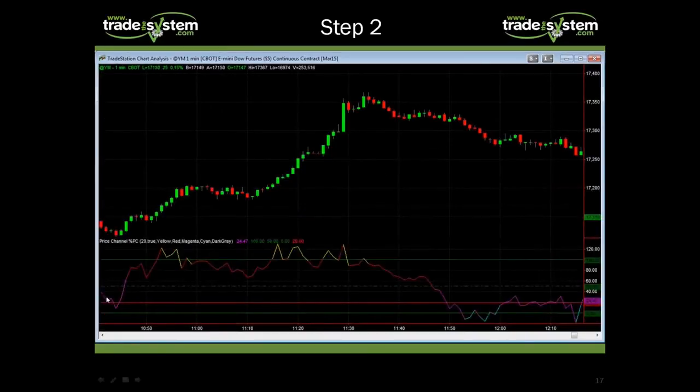Step two is going to be the indicator. You can see the whole time that price is going up, the indicators are getting stronger, getting stronger, getting stronger. And then all of a sudden, we've stopped getting into that overbought area. From this little peak right here to this new high, look at the difference in the indicator.